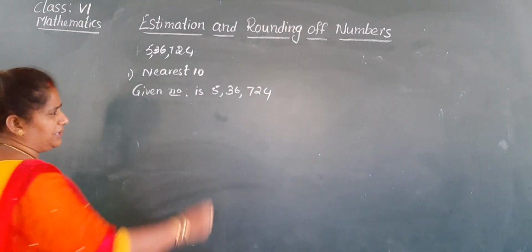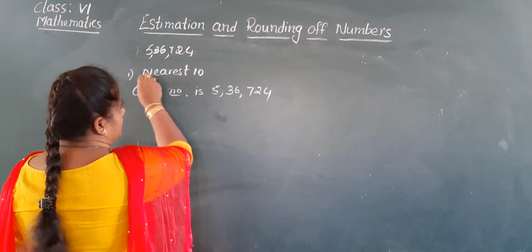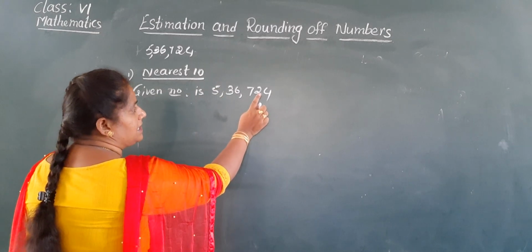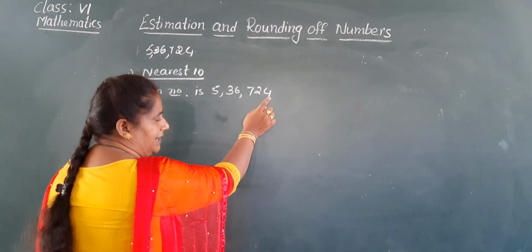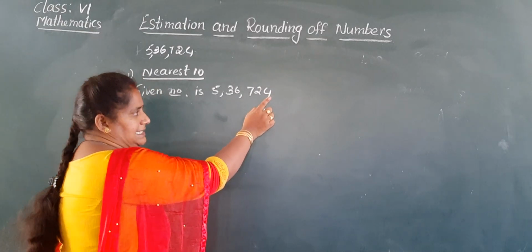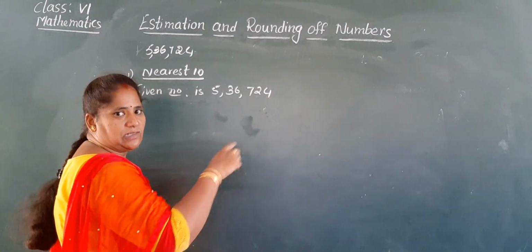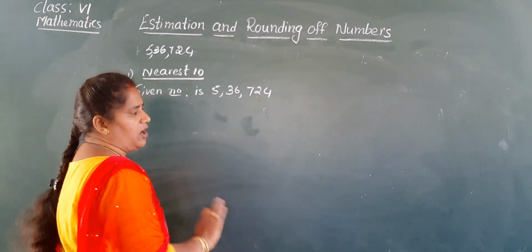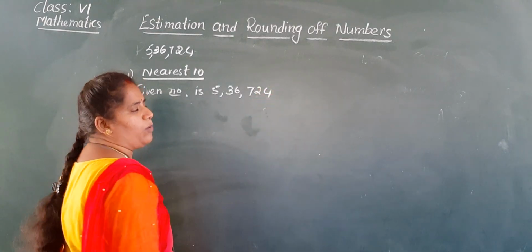To round off this number to the nearest 10, this is the tens place. See the digit to the right side. What is there? 4. Here 4 is less than 5. Less than 5 means the tens digit stays as it is. So the tens place digit does not change and keep 0 in the ones place.